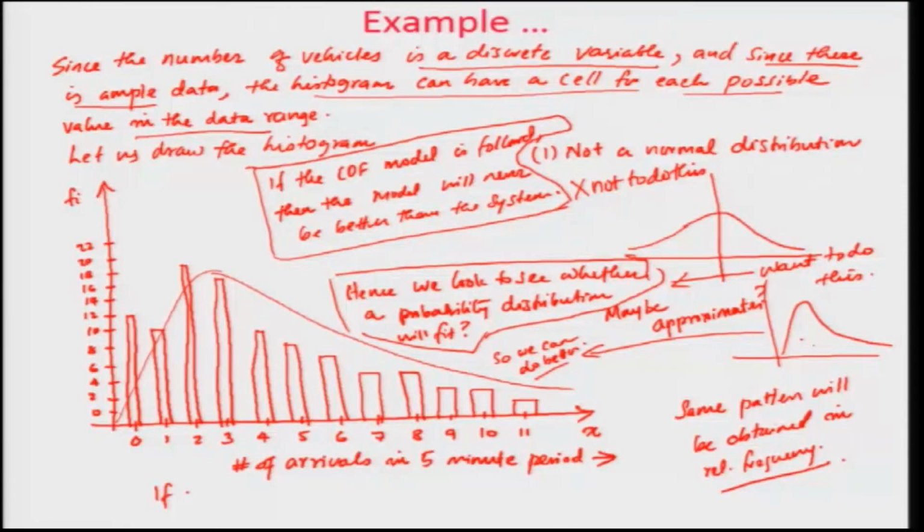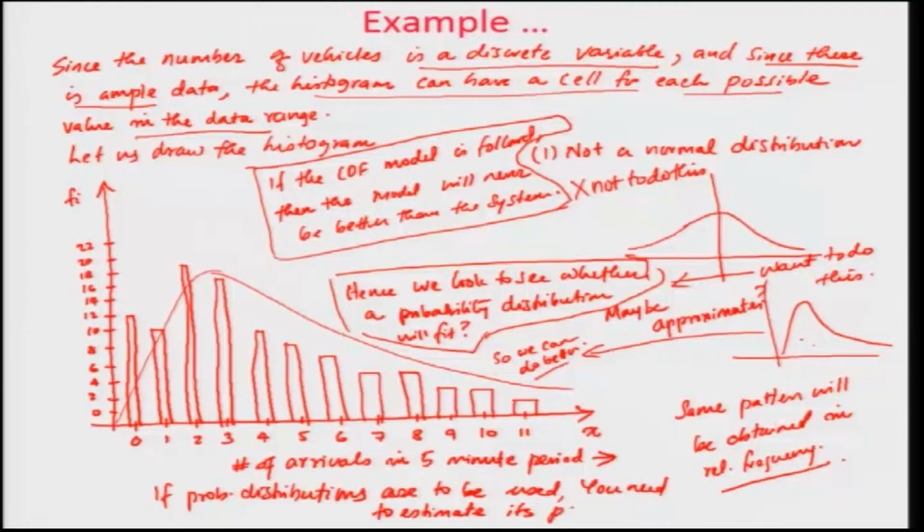If probability distributions are to be used, you need to estimate its parameters. The difference from the previous case is that there you do not need any parameters, whereas in this case parameters are required, so you need to estimate them. So, how do you estimate the parameters?